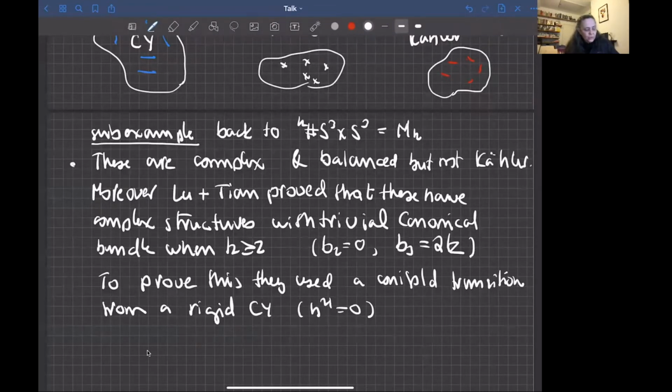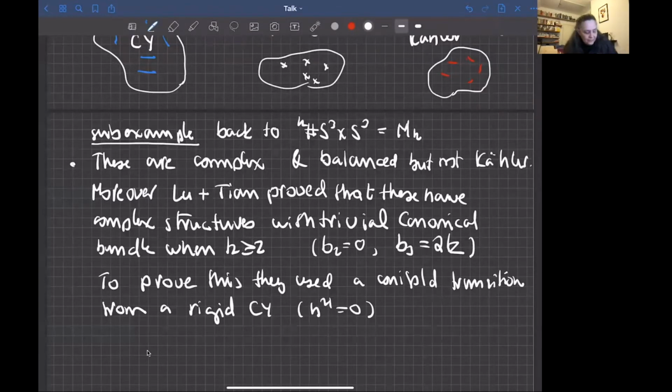So Lu and Tian proved that these have complex structures with trivial canonical bundle, as long as K is bigger or equal to 2. These manifolds have these Betti numbers. B2 is always 0, so in some sense they are kind of simple. And B3 is always twice the number of S3 cross S3 factors.